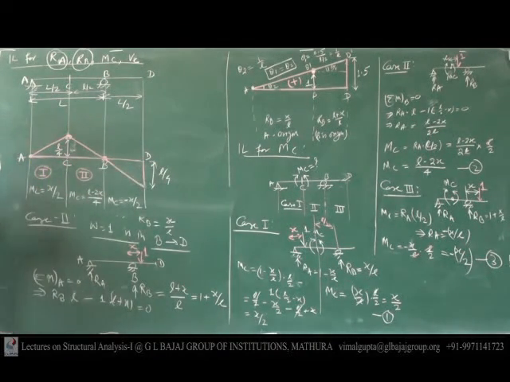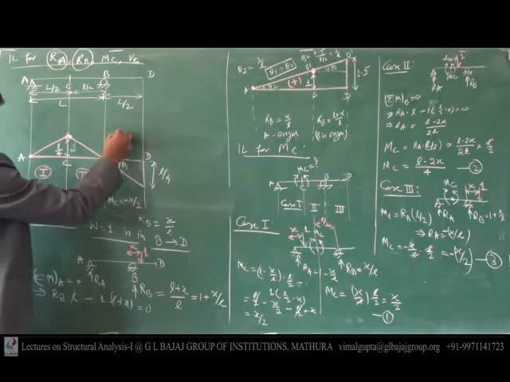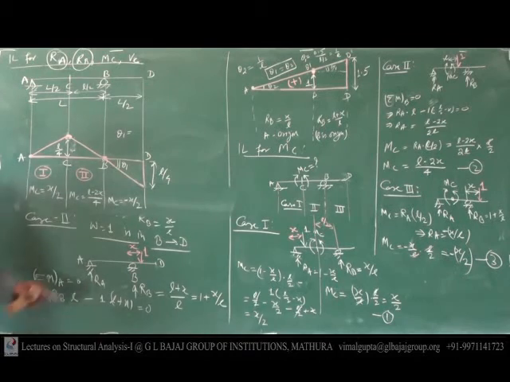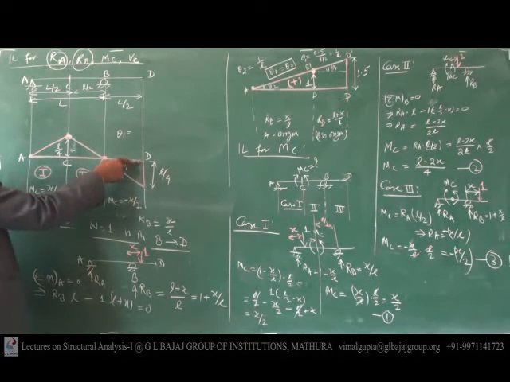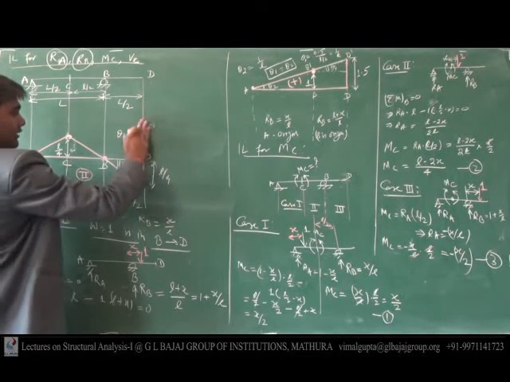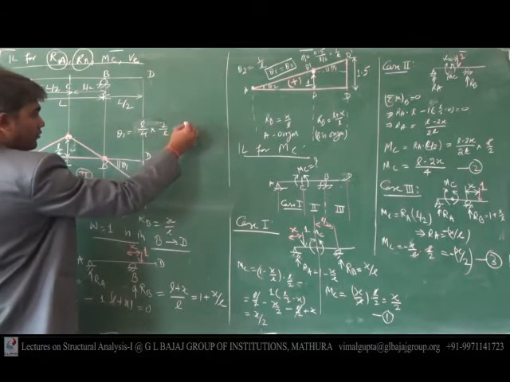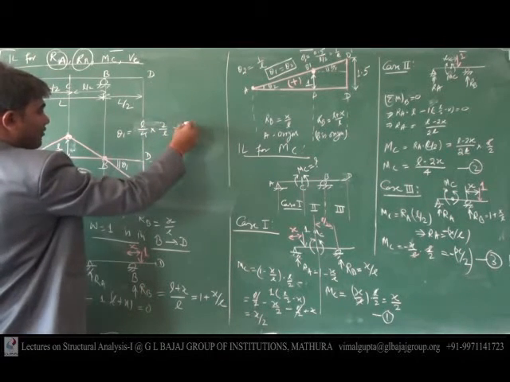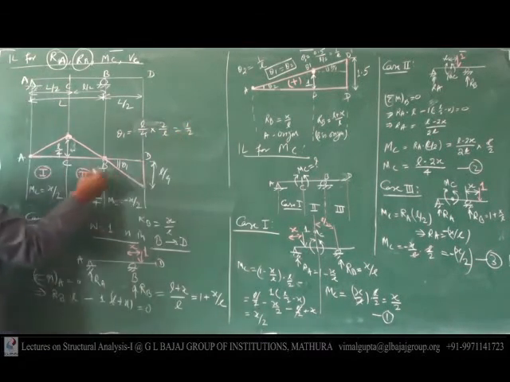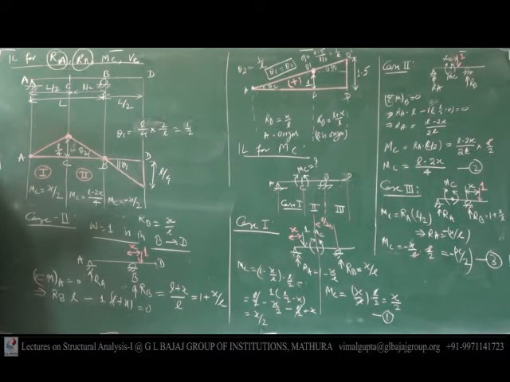Now find this angle theta 1. What is the value of theta 1? L by 4 divided by L by 2. The L cancelled out, so 1 by 2. Find this value theta. Suppose this value is theta 2. We do not know whether theta 1 and theta 2 are different because we have two different equations.